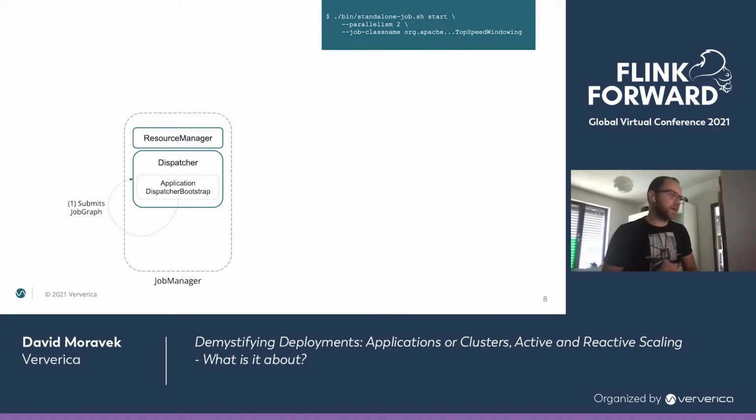So right now, again, our job manager process starts, but the dispatcher has this hook that is executed after it starts. We call it application dispatcher bootstrap, and it basically just executes the main method of your jar.